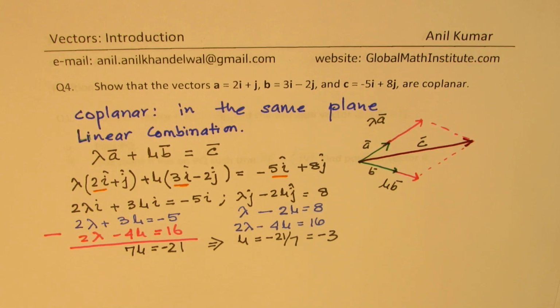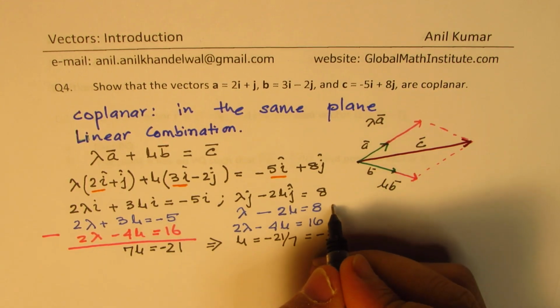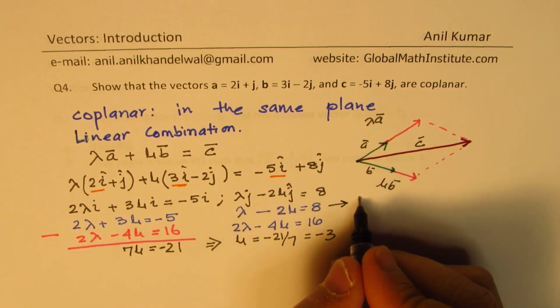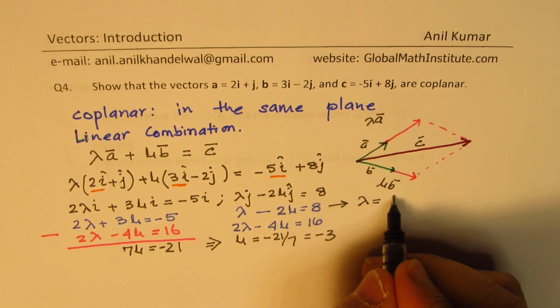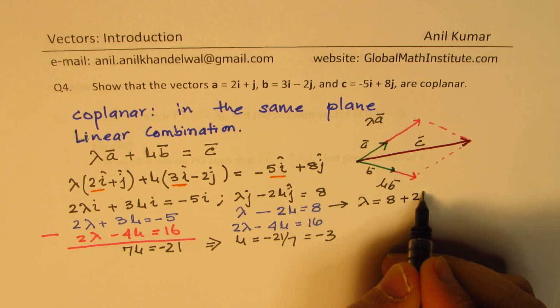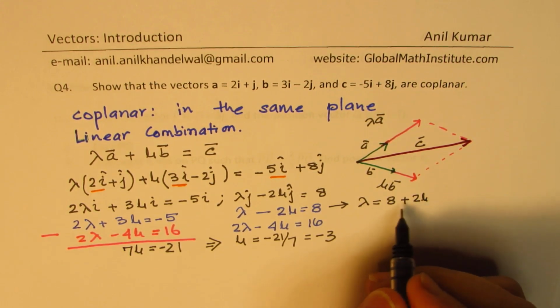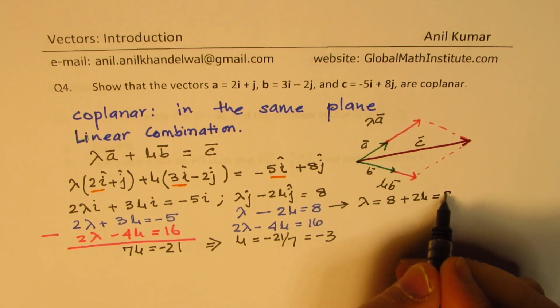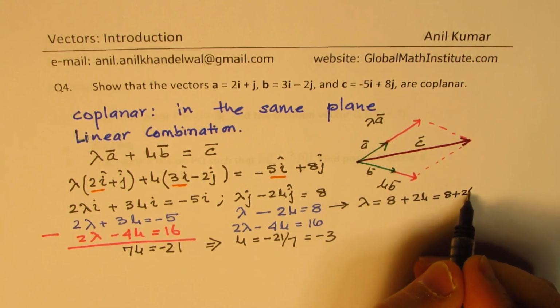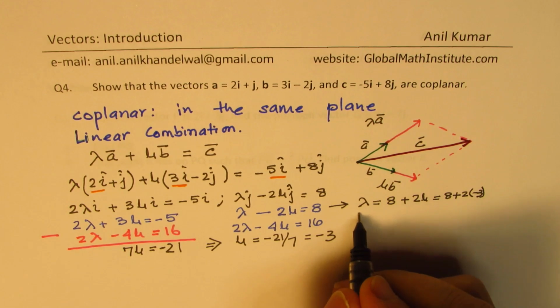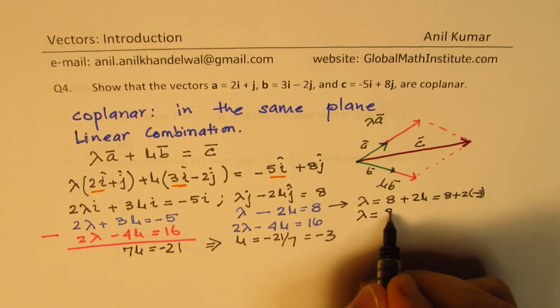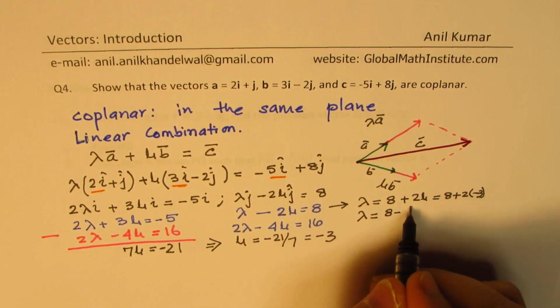Perfect. So as you can see, we found the value of mu. And now we can find what lambda is, correct? From this equation here, we know that lambda is equal to 8 plus 2 mu. So adding, we get our answer, right? Which equals 8 plus 2 times minus 3. So lambda equals 8 minus 2 times 3, which is 6.